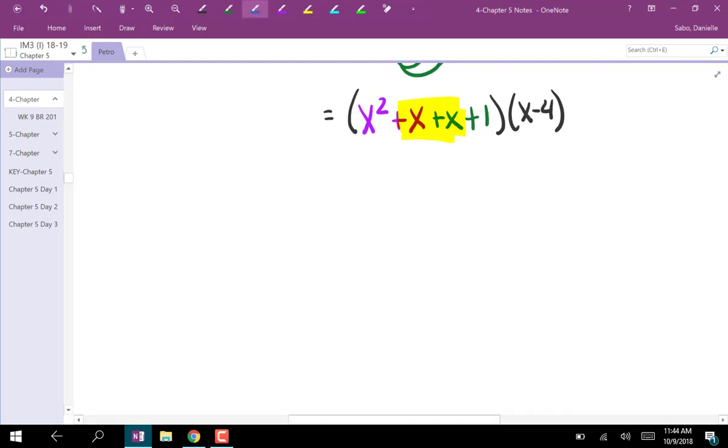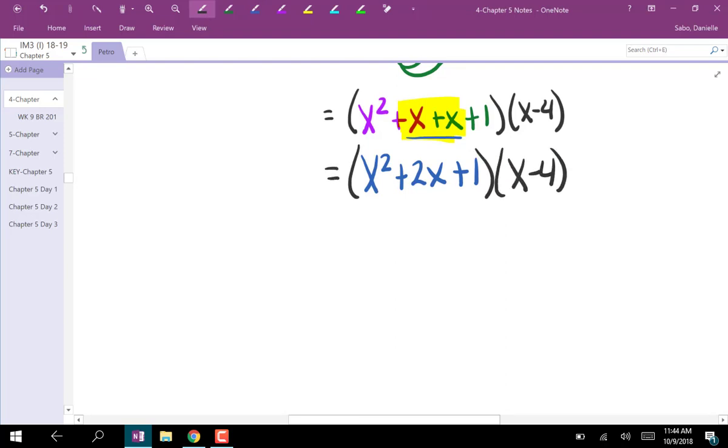Or maybe just underline so you know that that's what we did. If I have 1x and another 1x, how many x's do I have? 2. Okay, so this is going to become x squared plus 2x plus 1. In black, everything else is just coming down. I didn't do anything to it. All I did was combine like terms.